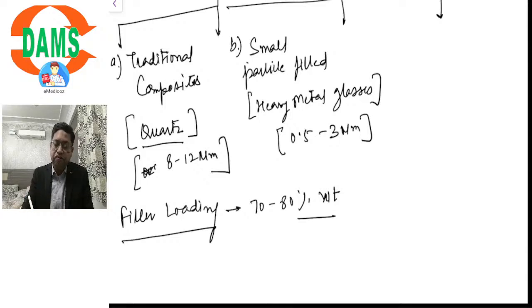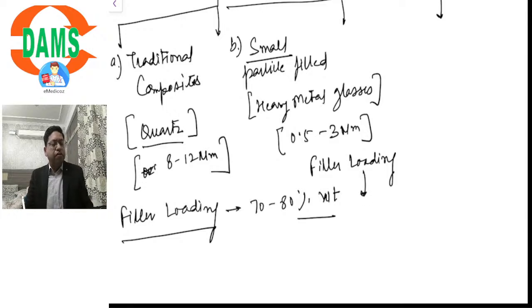That's why they are called small particle filled composites. If we talk about the filler loading of these composites, okay, the filler loading is quite high. I would say it is one of the highest filler loadings amongst the conventional composites. It is in the range of 80 to 90% by weight.